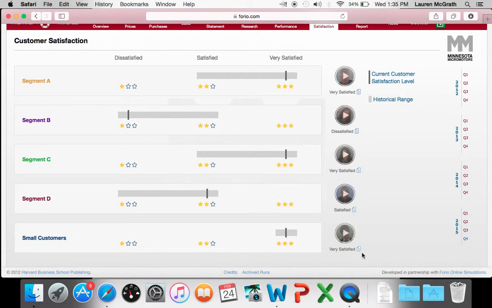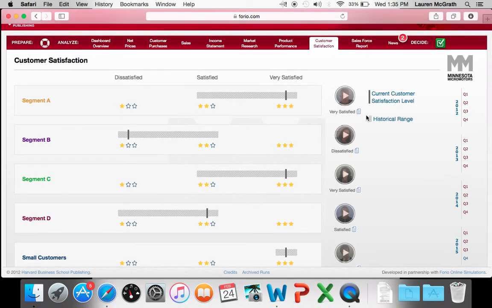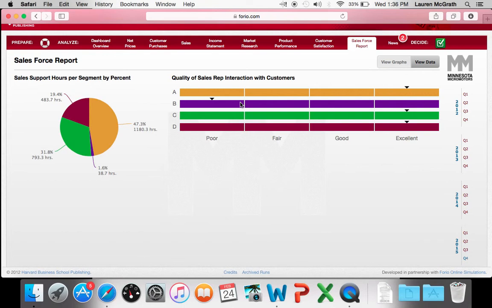The small customers are very satisfied. So that is awesome to us that the small customers are still there for us, even though we're focusing on the large customer area. So our Salesforce report, obviously we wanted to spend a lot of time on segment A. Like I said earlier, segment B, not being as important to us, but we still wanted at least a little.